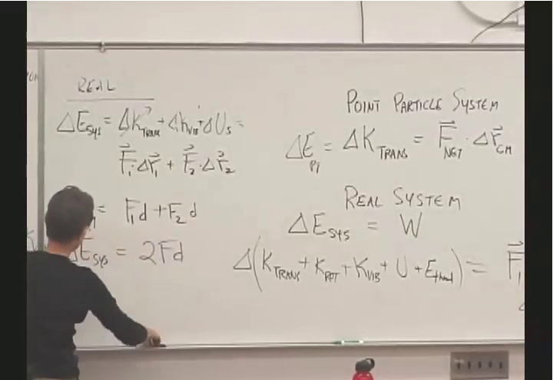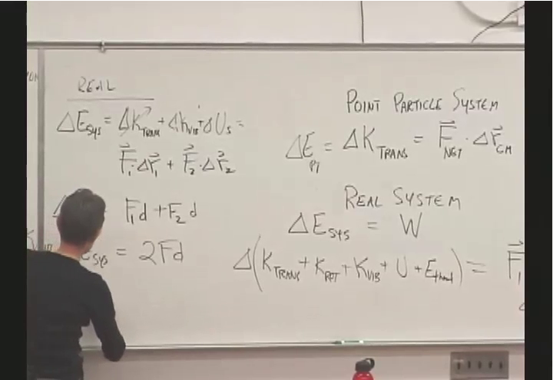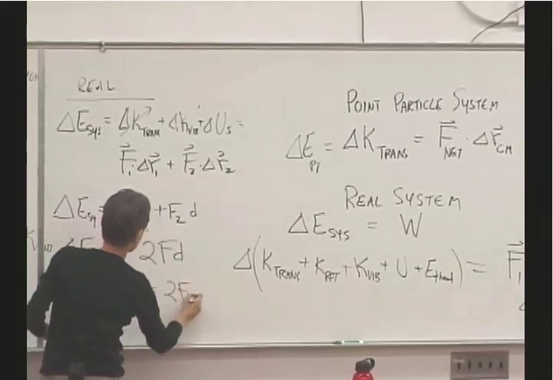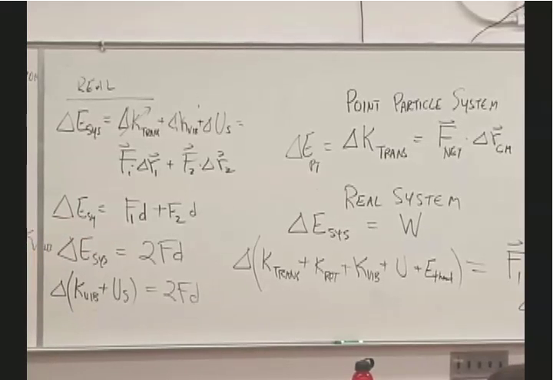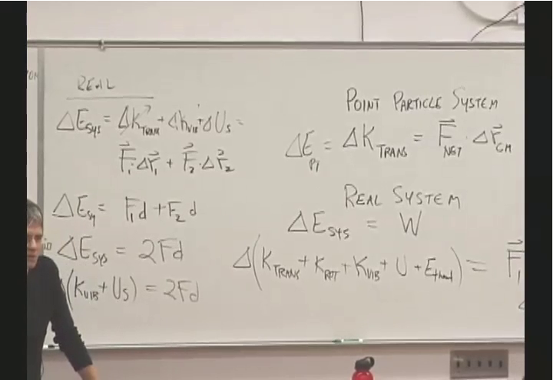What we have to say is the change in K vibrational plus U spring is that, and without any other information, we don't know that that's zero. So you're right. Okay. Now we do from observing the system. So just thinking about the system. So other questions about this?